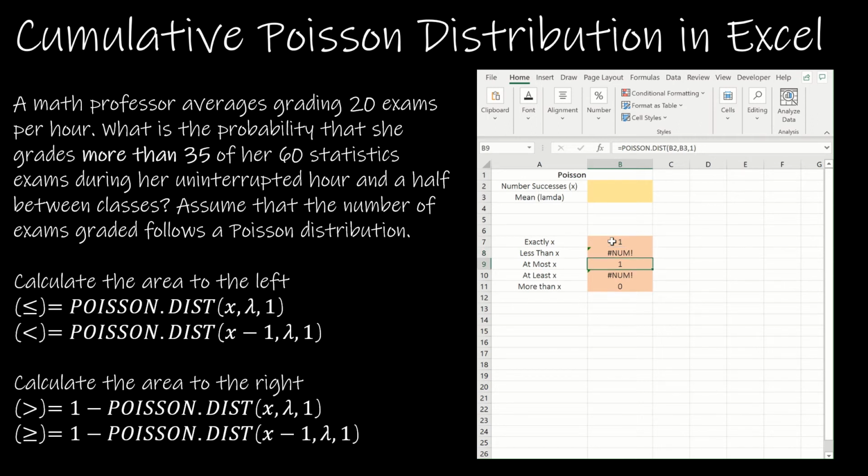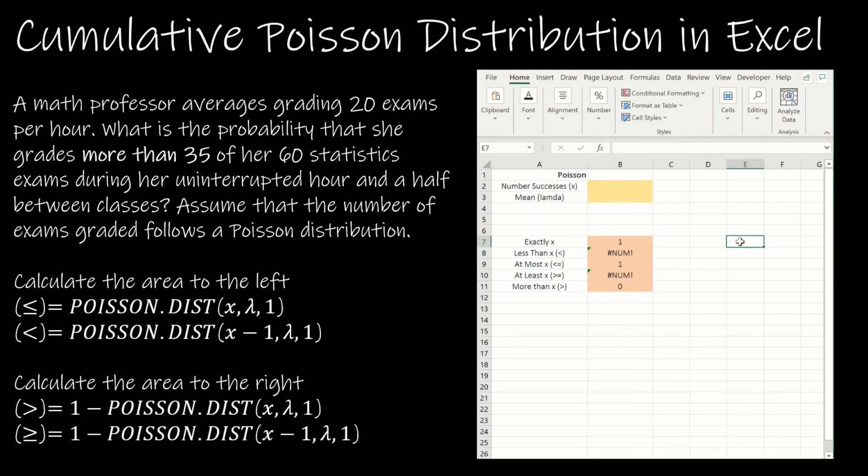At most, which is the same as less than or equal to, at least, which is greater than, and more than, I'm sorry, at least is greater than or equal to, I apologize, greater than or equal to, and then more than is greater than. And of course, this is just less than.